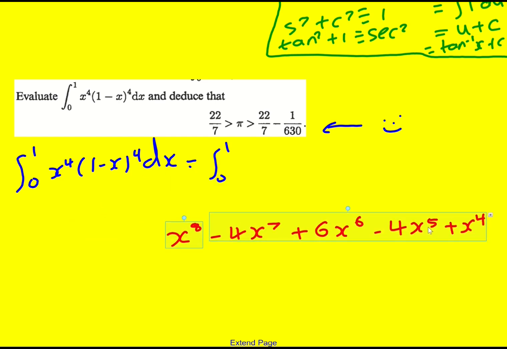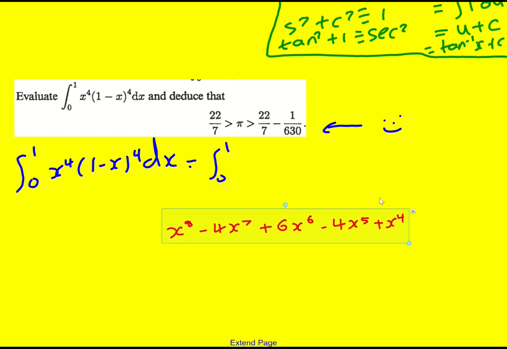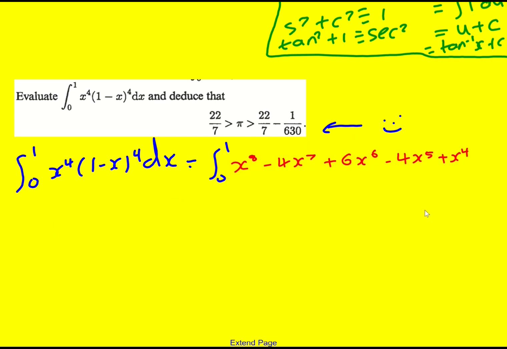Again, it looks fairly complicated, but the limits of 0 and 1 will make life so much easier.